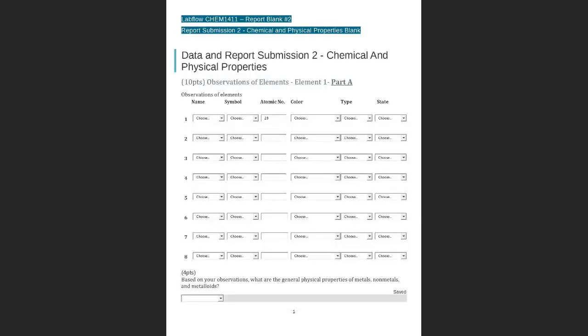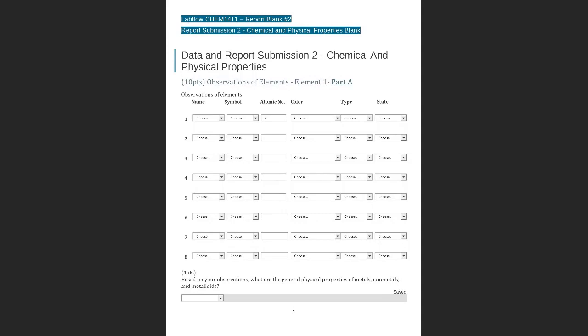Let me go to LabFlow. Okay. So this is how the report that you will have to complete is going to look. Part A, it says 1, 2, 3, 4, 5, 6, 7.